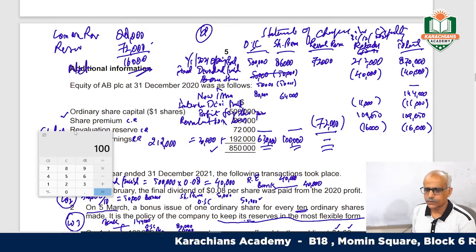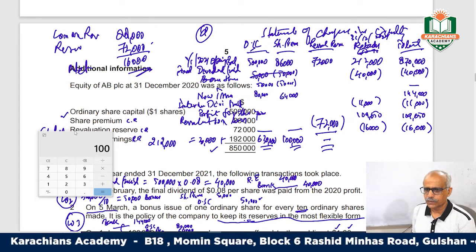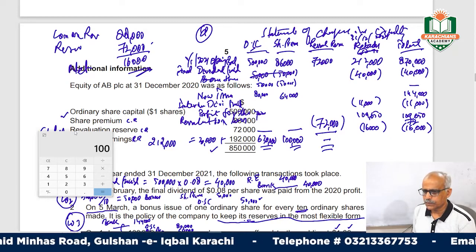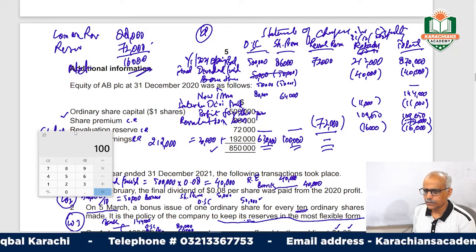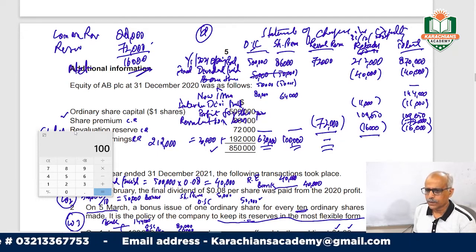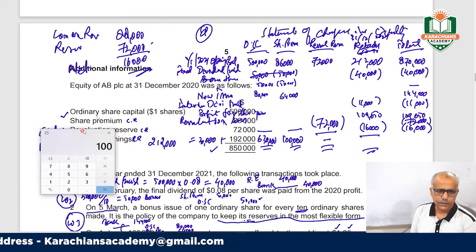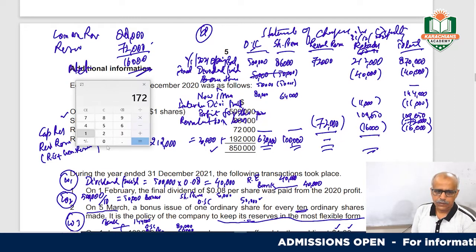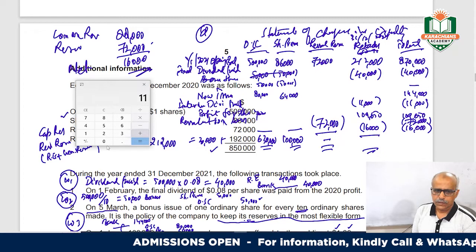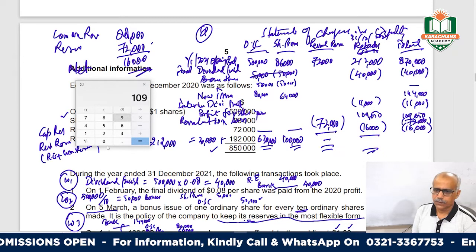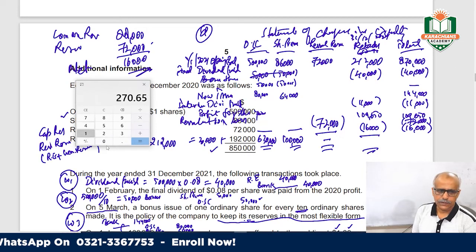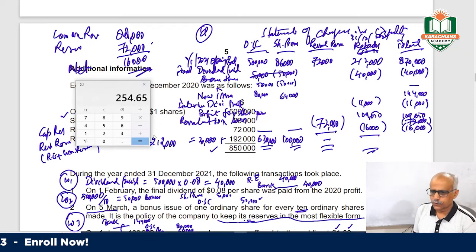So there will be no balance. So revaluation reserves, we can show this here, minus 72,000, right? No balance. So how will this be? 212 minus 40 minus 11 plus 109.65 and then minus 16. This is 254,650.